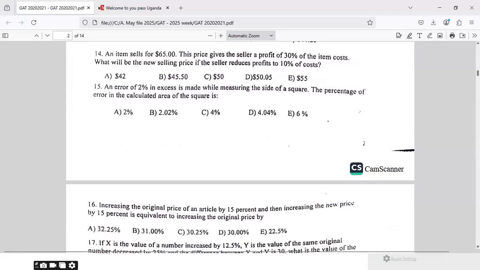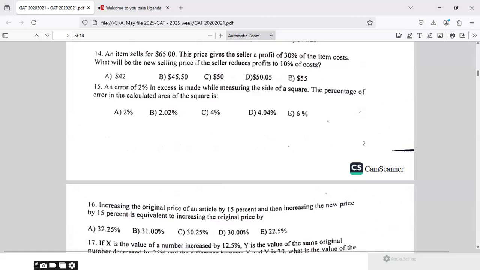This price gives the seller a profit of 30% of the item cost C. What will be the new selling price if the seller reduces the profit to 10% of the cost? Even campuses don't want such numbers, but they are manageable. We can still manage it.